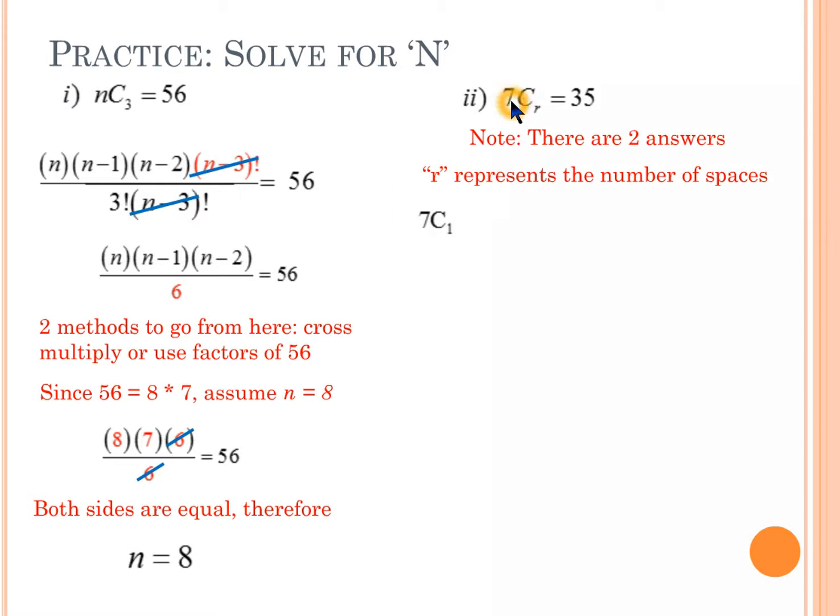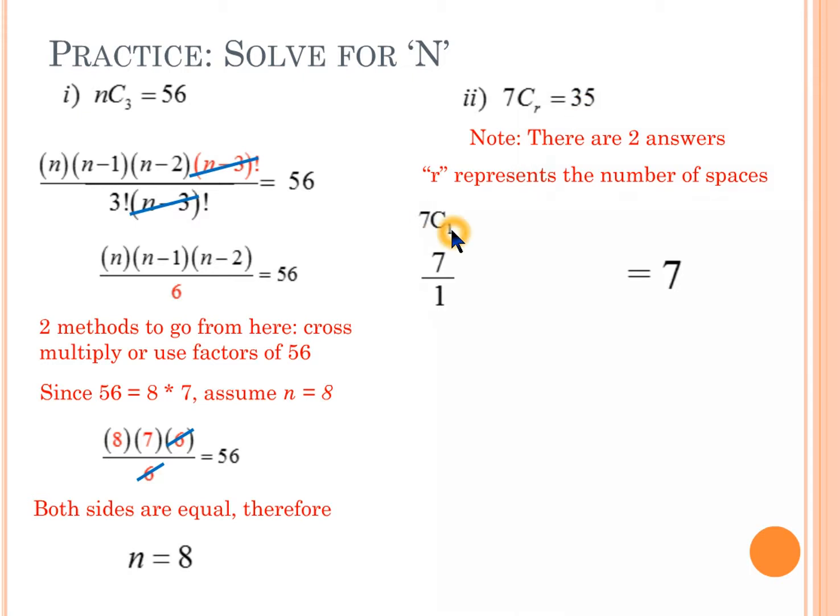So if I have, for example, 7 choose 1, that would mean I have one space, and the numerator would be the 7, and the 1 will be in the denominator. And then 7 divided by 1 is equal to 7. So slowly what we're going to do is start from 7 choose 1, and keep on increasing the value of r until we get to 35.